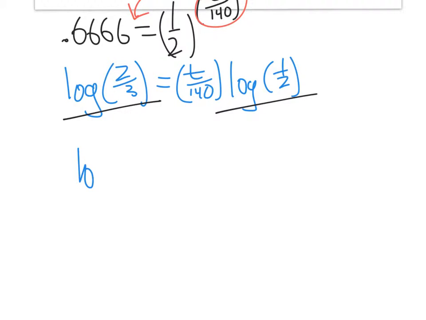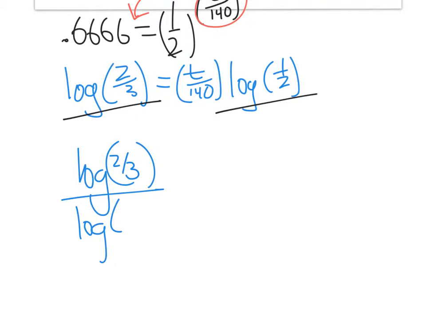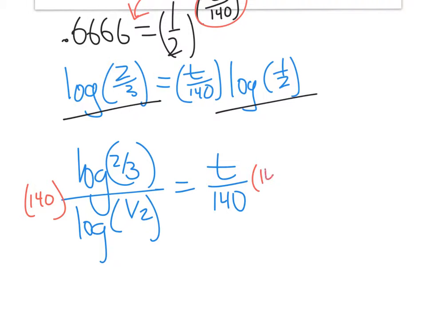So log of 2/3 over log of 1/2 equals t over 140. So I'm going to use the calculator and then multiply both sides by 140. Times 140. Kaboom.